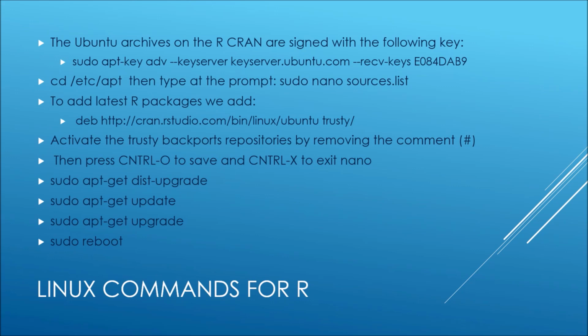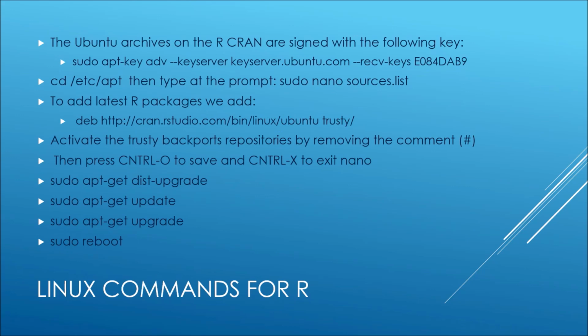Then we need to navigate to a particular directory in order to open up the sources.list file. Then we need to add an R repository there. And we also need to activate the trusty backports repositories. Trusty tahr is what Ubuntu 14.04 is referred to, so that's where the trusty comes from.